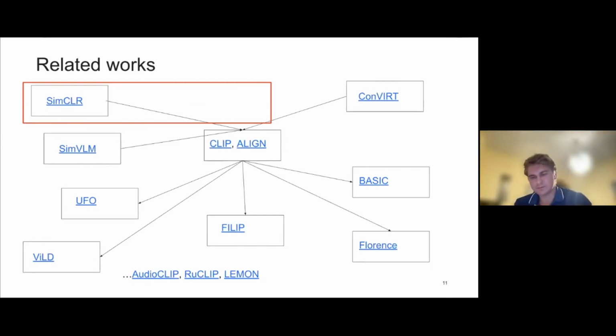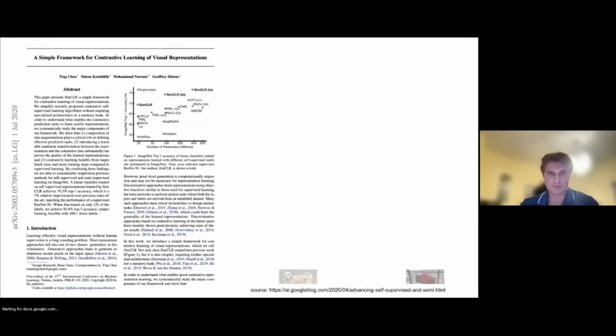And then CLIP, ALIGN, and SimVLM are methods that are heavily based on SimCLR and ConVIRT ideas. The differences are backbones, data set sizes, and some tricks and optimization for handling large batches or multi-GPU or TPU settings.